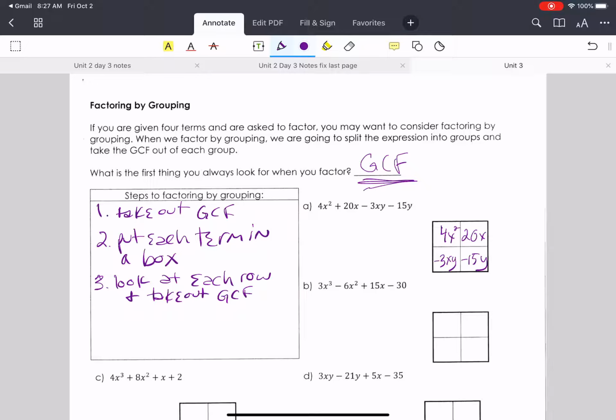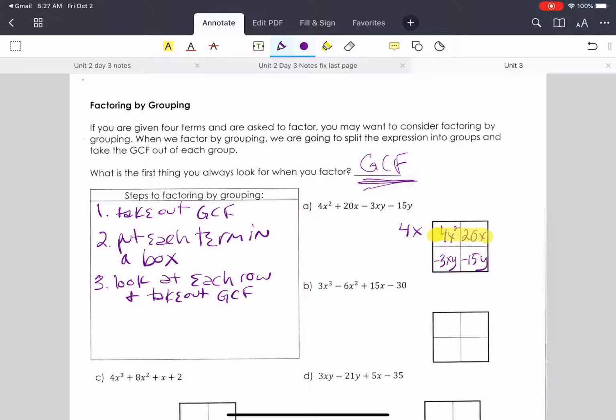Okay, so what I mean by that is I'm going to start by only looking at that row, okay? Is there a GCF for just that row? Yes. What is it? 4x? Okay, great. So take it out. I don't even need to do the division. I just need to take out the GCF.